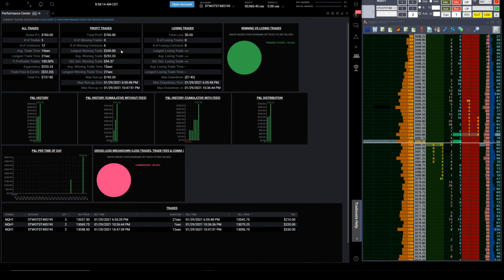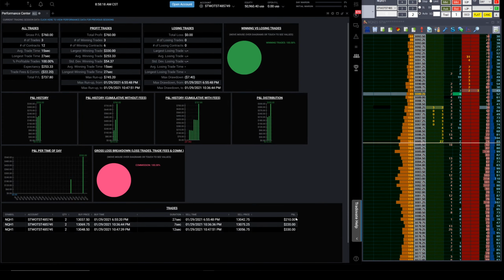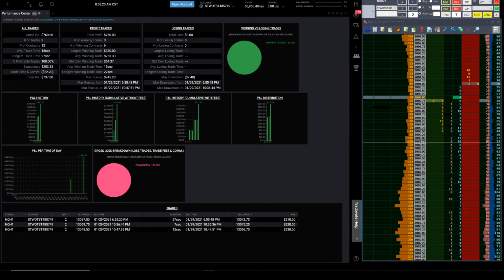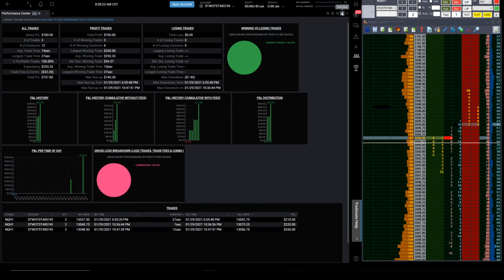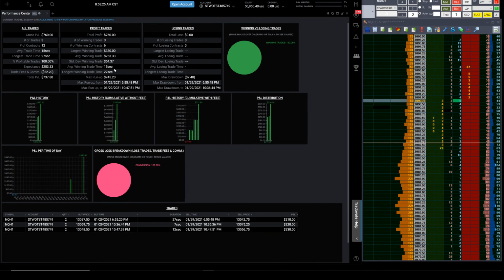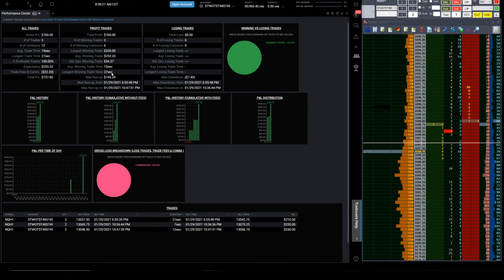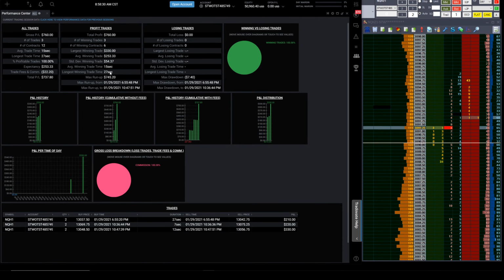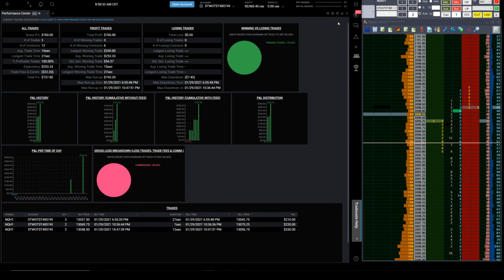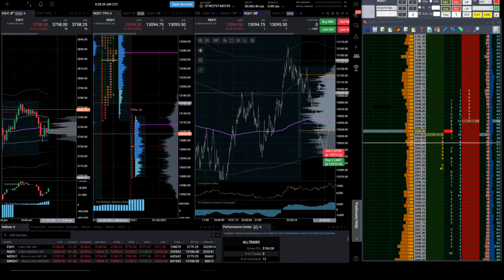Smallest was 220 or 210, I guess. Yep, 210. So in about 27 seconds, so roughly a minute. Not bad. Minute and change.